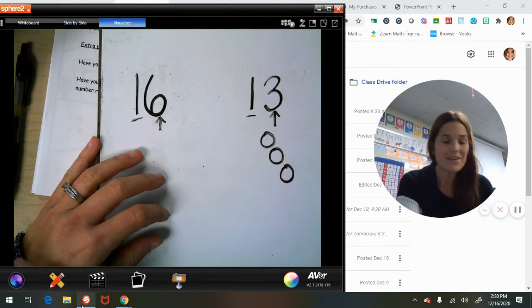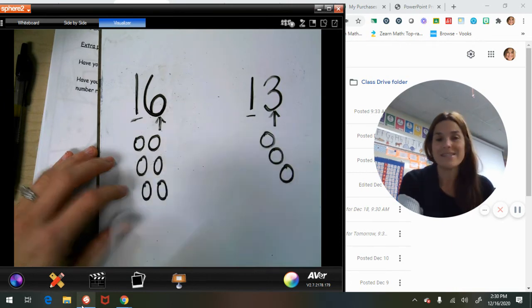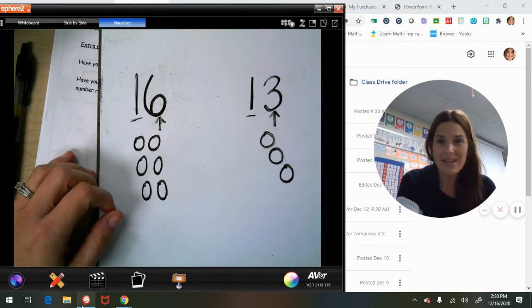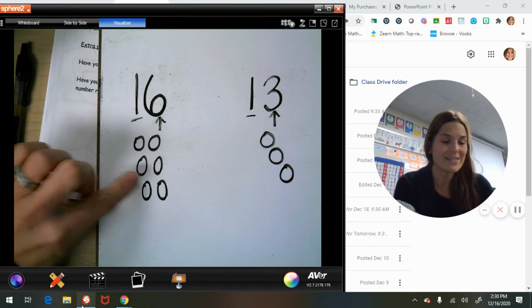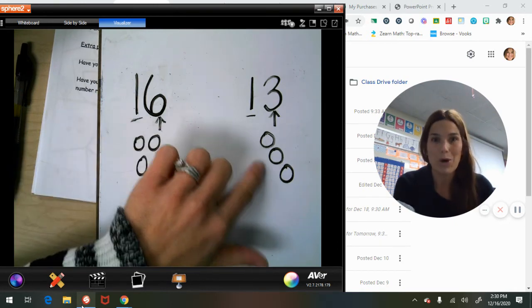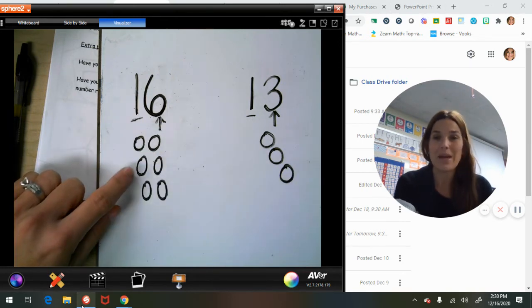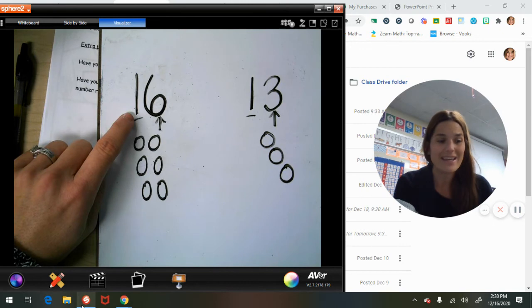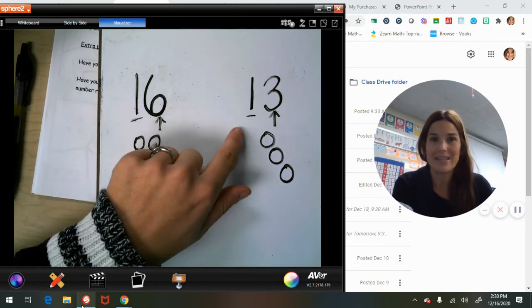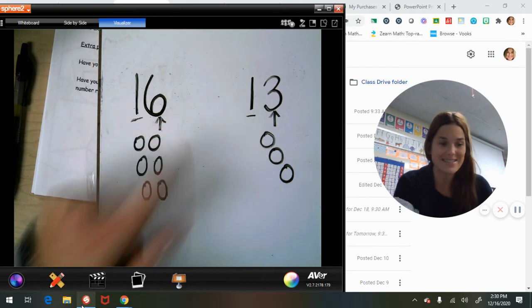There's 3 there, and there's 6 there. Just by looking at those, I can tell that there are fewer circles over here, a smaller amount than over here. This is a greater amount. So 16 is greater than 13, or 13 is less than 16.